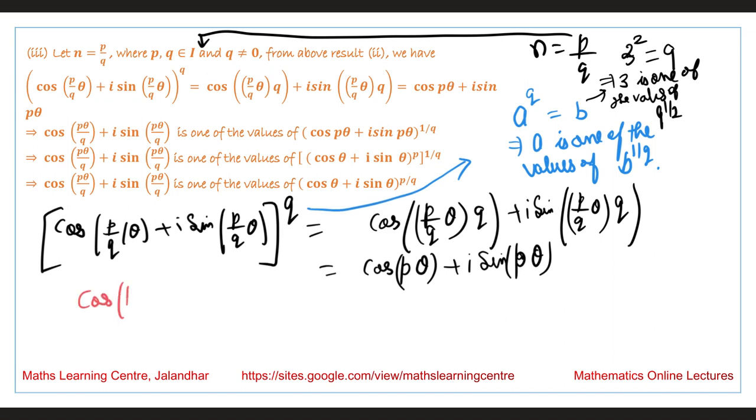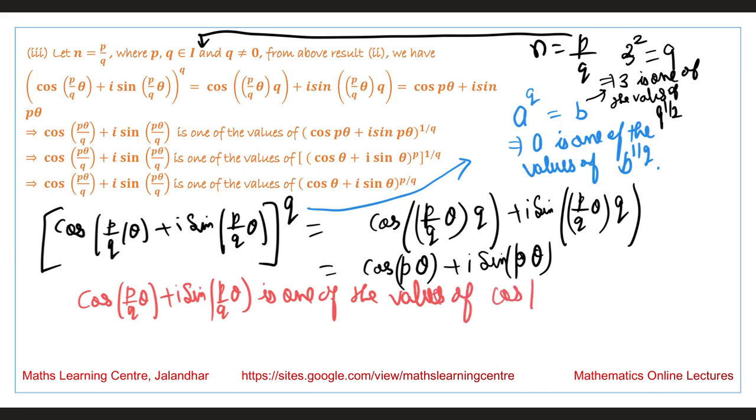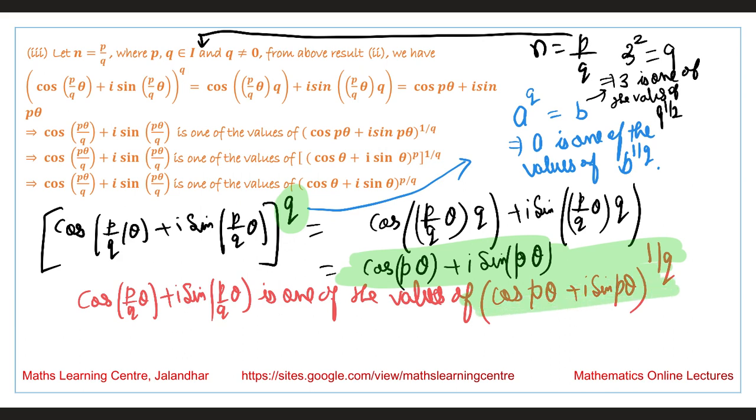So similarly, cos of (p by q) theta + i sin of (p by q) theta is one of the values of (cos p theta + i sin p theta) raised to the power 1 by q. Look at this power over here, it is q. We are combining these two and writing it in this form.